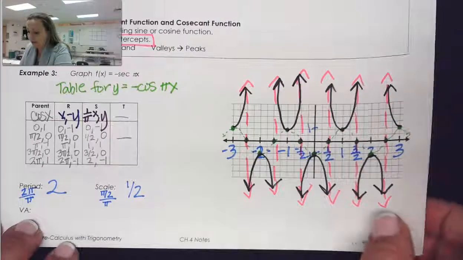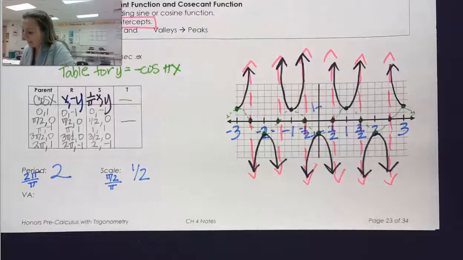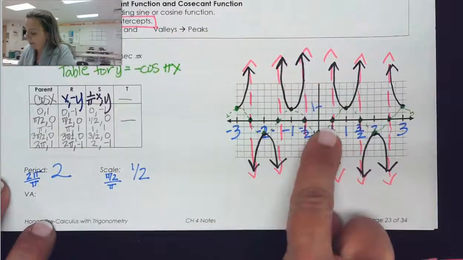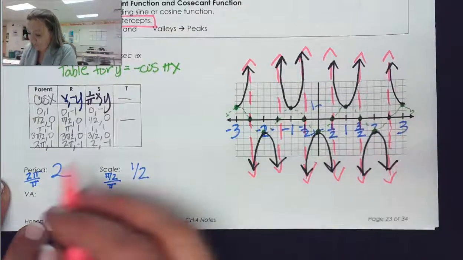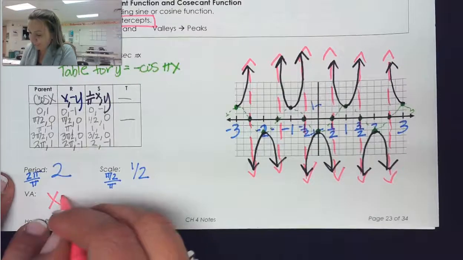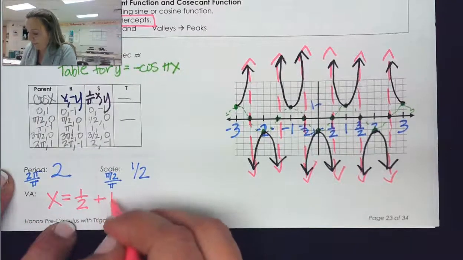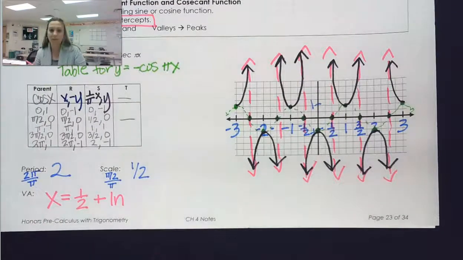If we're looking at the vertical asymptotes here, notice that we didn't start at 0, we started at 1/2, but that we went every 1 unit. And so our vertical asymptotes would be at x equals 1/2, and then we go every n units. You could also put n plus 1/2, that's fine as well, okay?